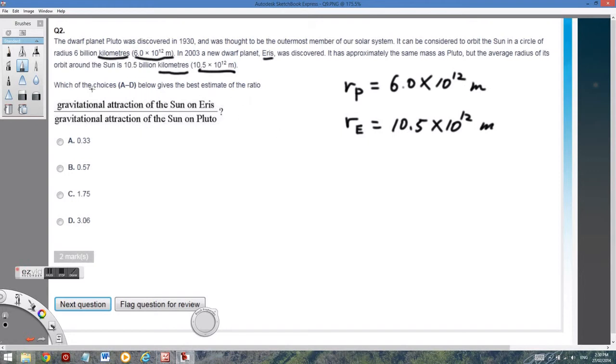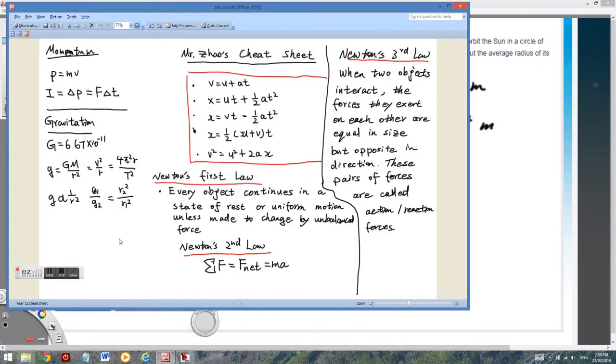Now which one below gives the estimation of the ratio of the gravitational force between the Sun and Eris, and the gravitational force between the Sun and Pluto? Again, use the ratio equation.